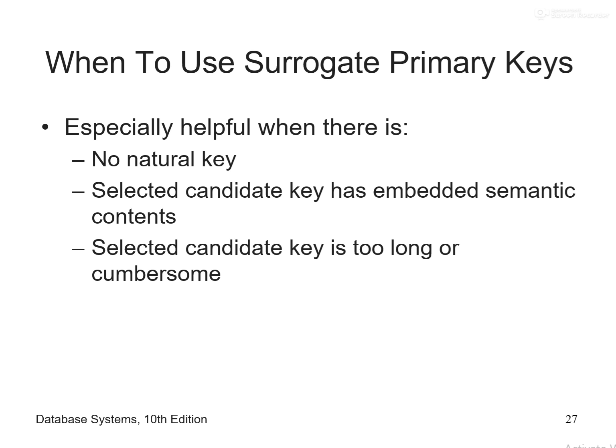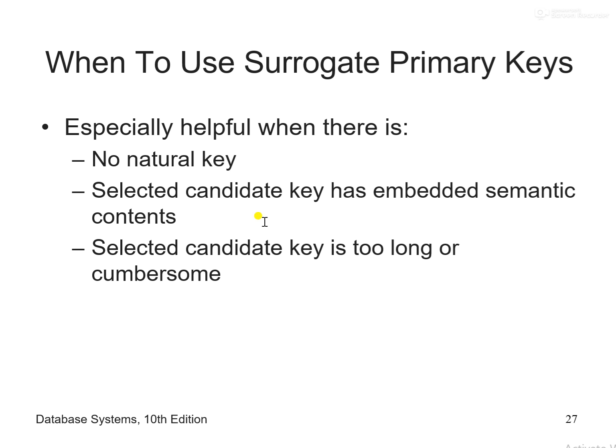Or the selected candidate key is a composite key that consists of so many attributes. In that case we say this is not a good idea, we should go for some other option. That option is using a surrogate primary key.